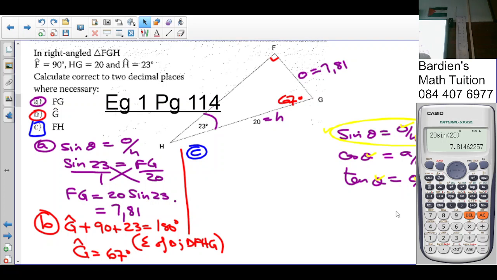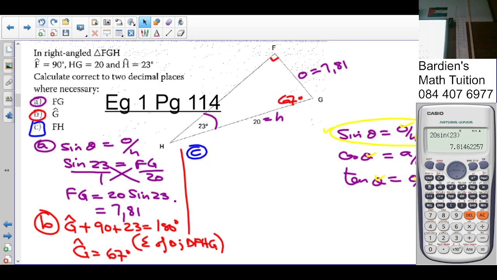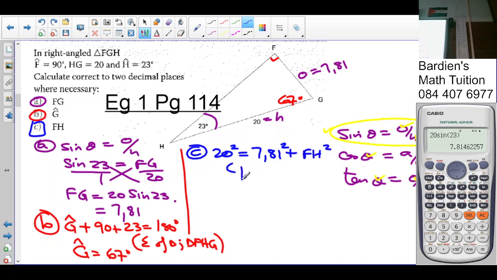What would the theorem of Pythagoras be? Hypotenuse squared, which is 20 squared, equals 7,81 squared plus FH squared. Reason: theorem of Pythagoras, angle F equals 90 degrees.